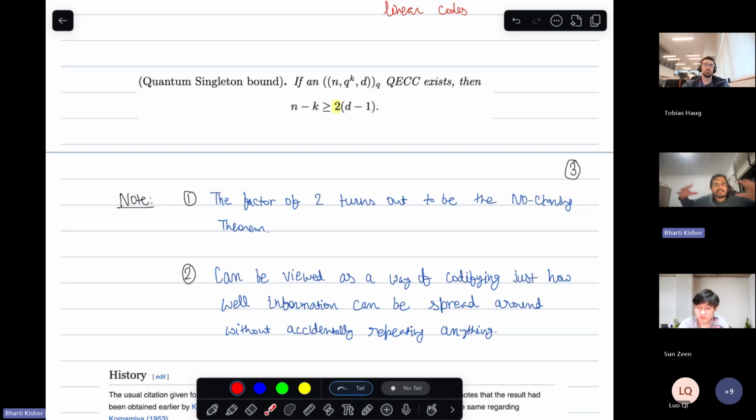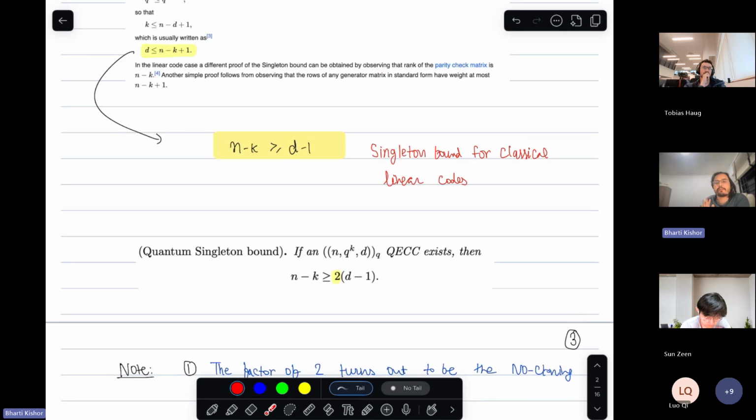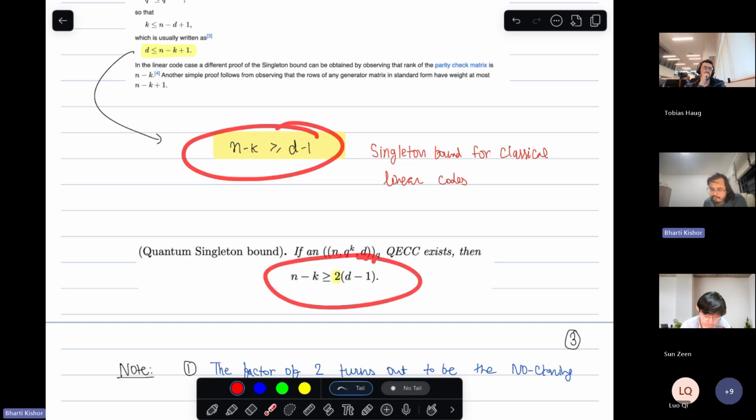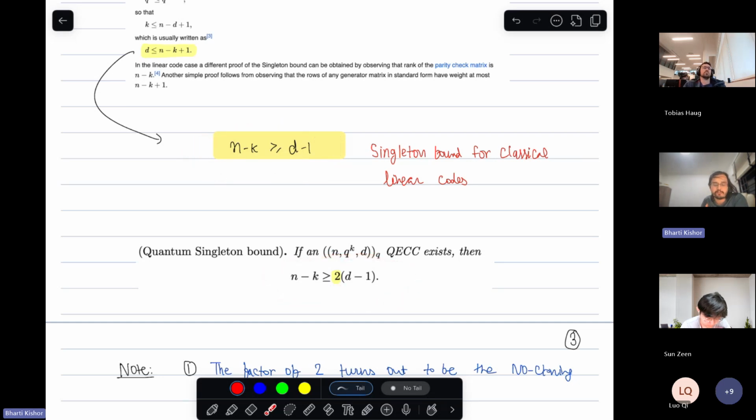So you can spread information around, but you cannot repeat it, because if you could repeat it and recover from it, that would violate no cloning. It will make sense. But just remember, even if you forget about singleton, that there is a factor of 2 difference between the classical bound and the quantum bound, and that comes from the no cloning theorem.